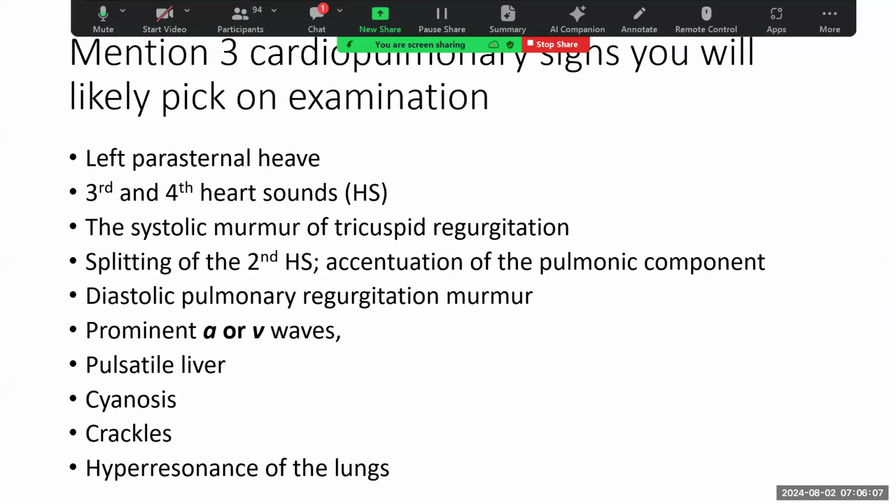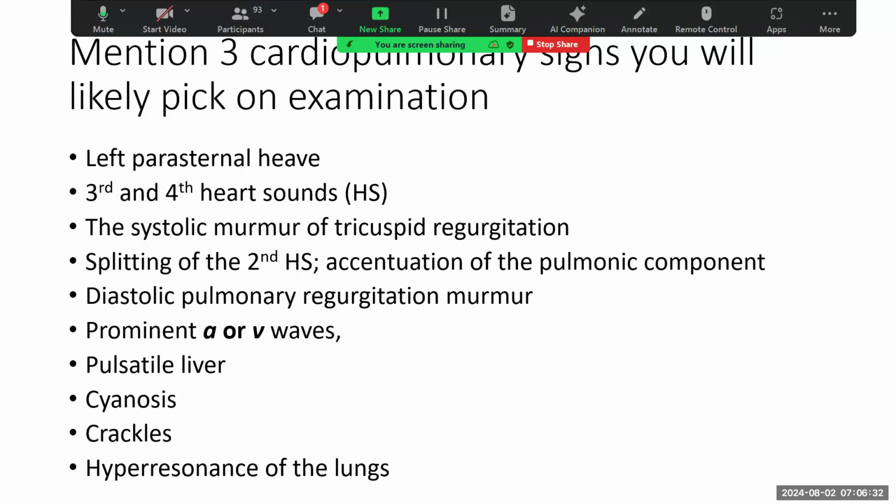Then mention 3 cardiopulmonary signs you likely pick on examination. Like I said, the patient likely has COPD complicated by cor pulmonale, and I also need to mention possible bronchiectasis because of the copious sputum that this patient had. So in cor pulmonale, we will expect left parasternal heave, and then the third and fourth heart sounds could also be present in this patient.